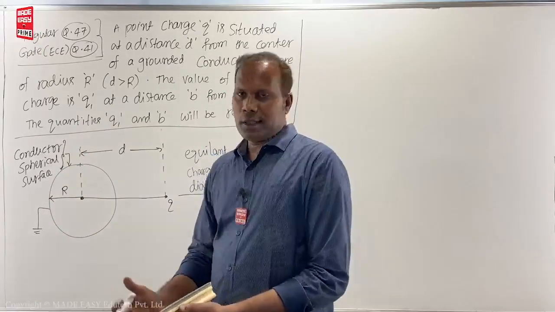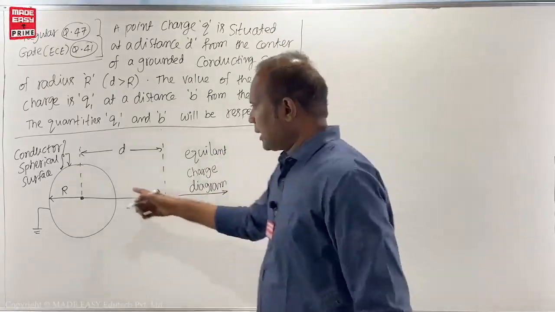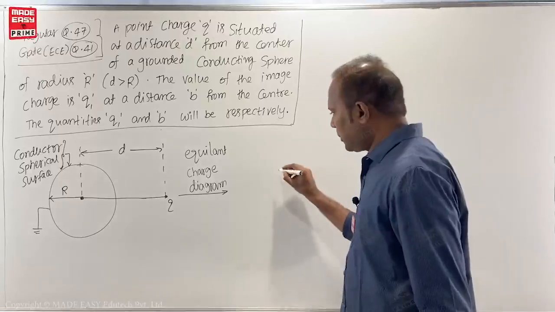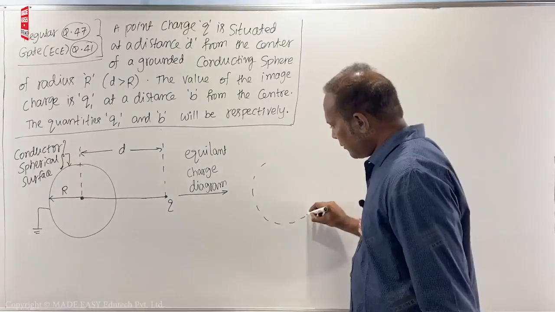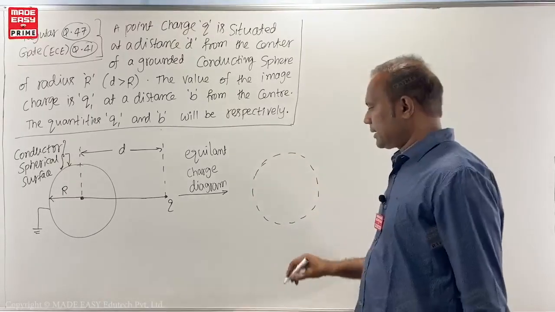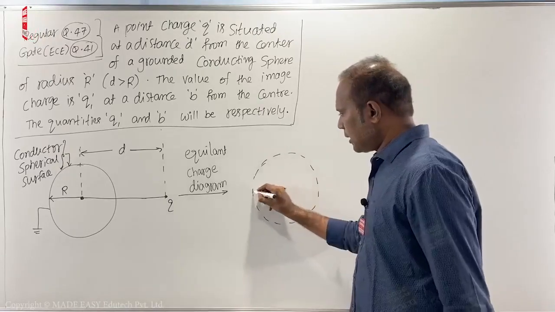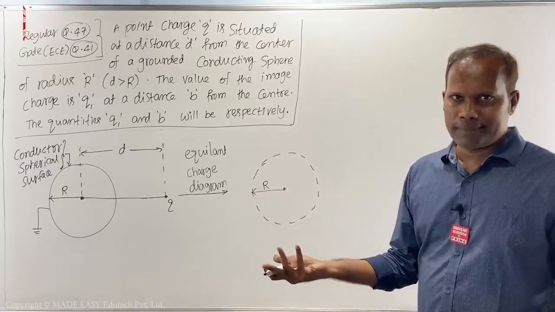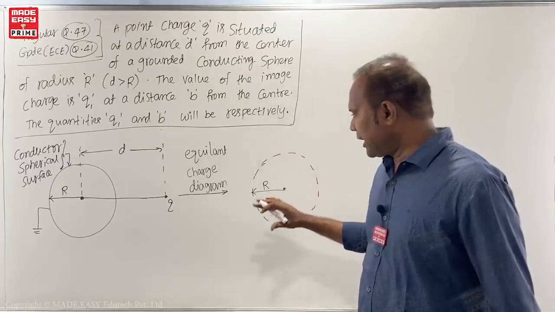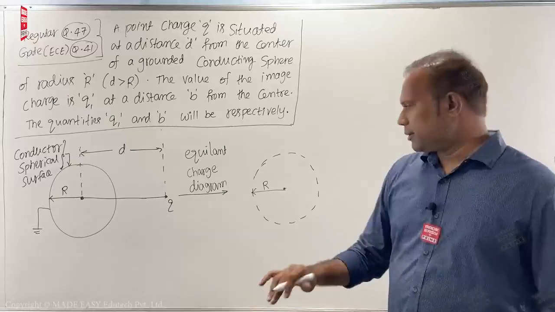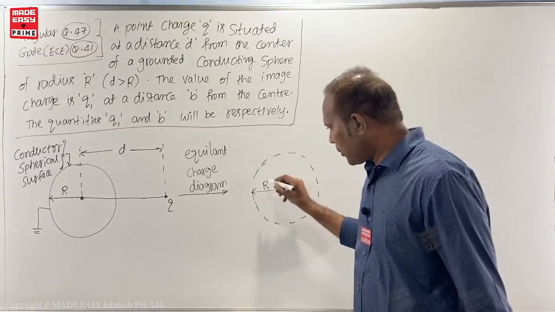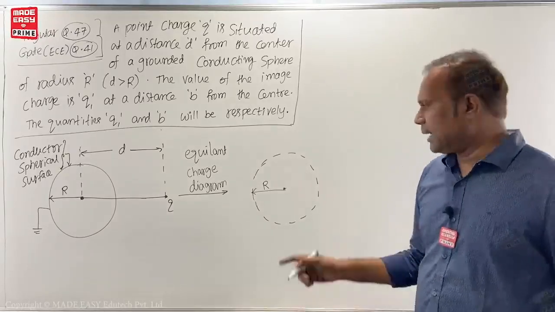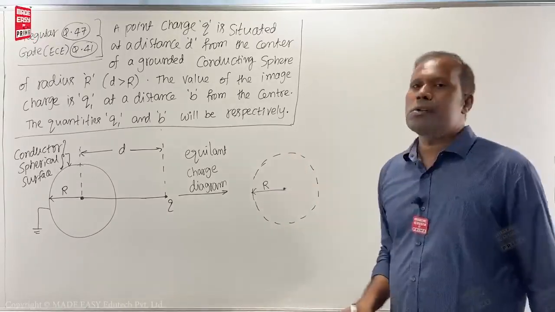Spherical conductor surface. Now in the equivalent diagram, there should not be a conductor surface. Simply an imaginary conductor surface should be there. I am drawing it like this. Radius how much? R radius. What is the material? No material, it is imaginary, because in the equivalent diagram the conductor surface is removed. Then what is the potential? How much potential should it have? Zero potential. Anywhere the potential should be zero.